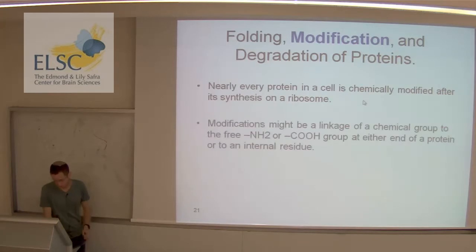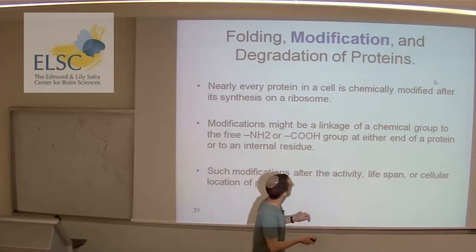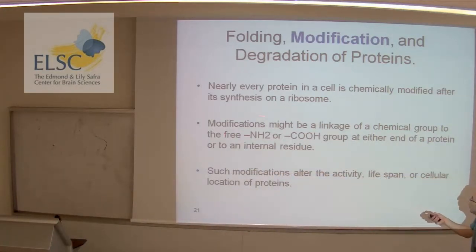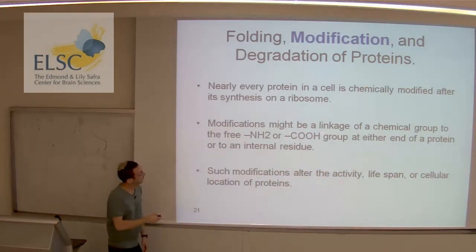Okay, so after a protein is properly folded, it undergoes several additional modifications. Before we continue, by modification we usually mean a linkage of some chemical group to some region of the protein, and it can be either to its C terminal, which we defined last time, or to its N terminal, or to an internal residue, meaning some amino acid in the body of the protein.